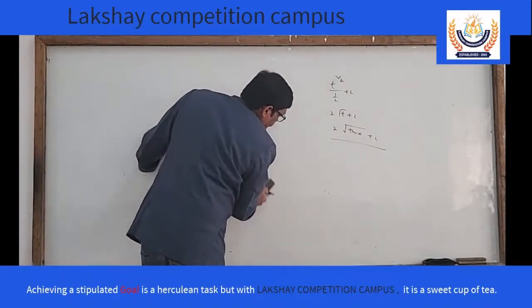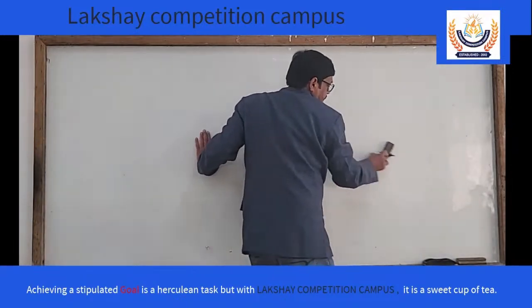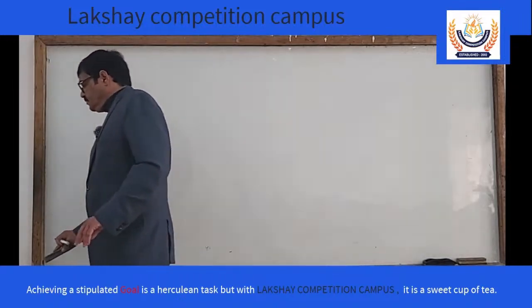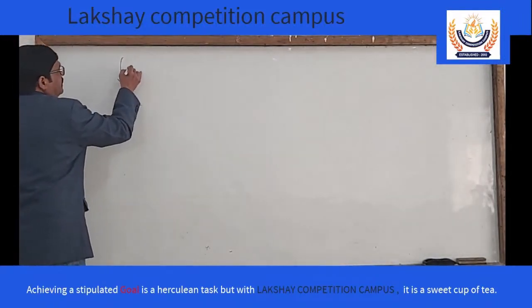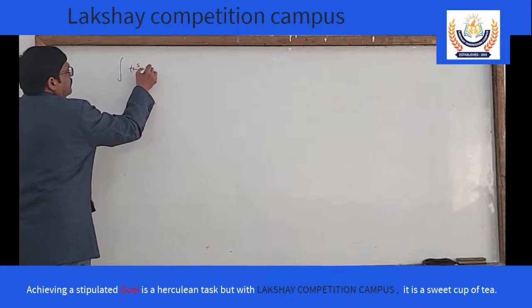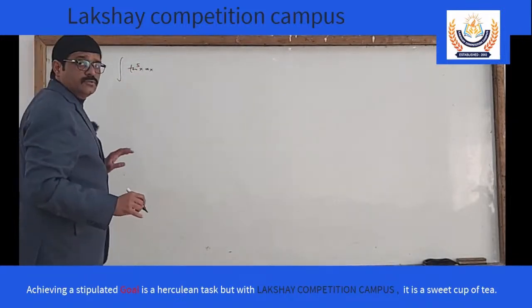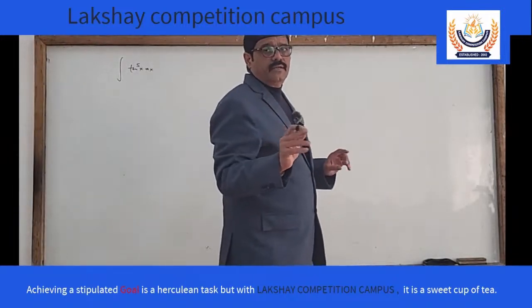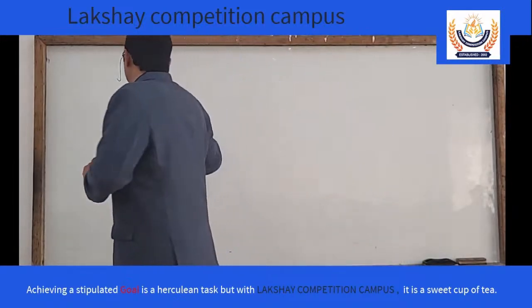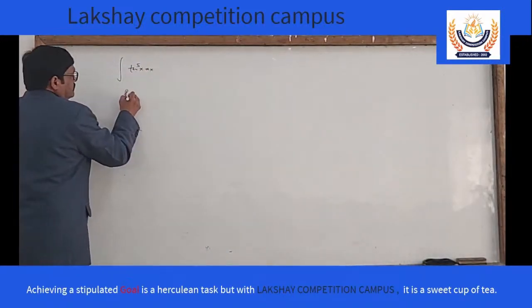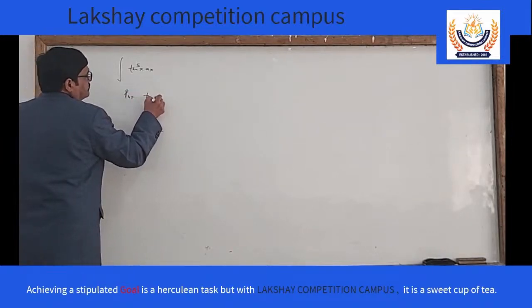Integration of tan power 5, tan⁵x dx. Whatever the power of tan x, whether 3, 4, 5, you always substitute tan x as t. Put tan x as t.